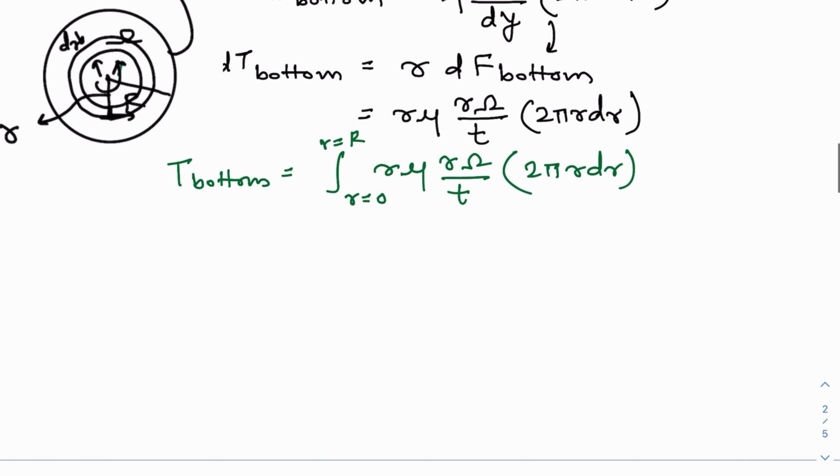So if you solve this, you'll find out that this term comes out to be 2 pi by 2 mu R raised to 4 omega by t.